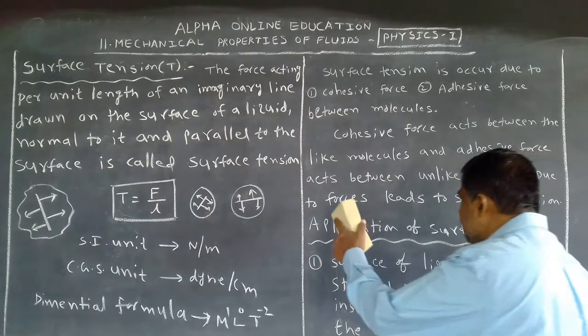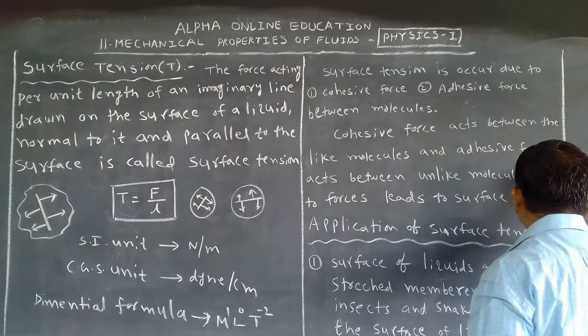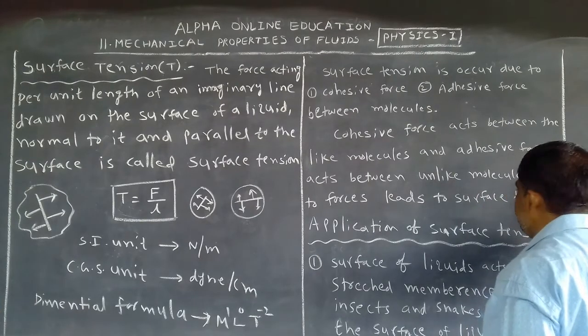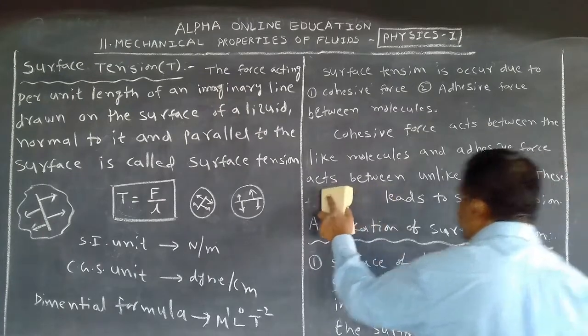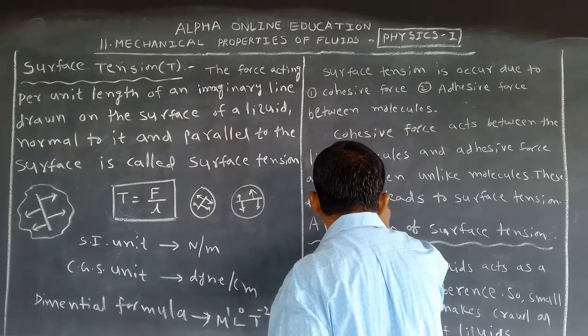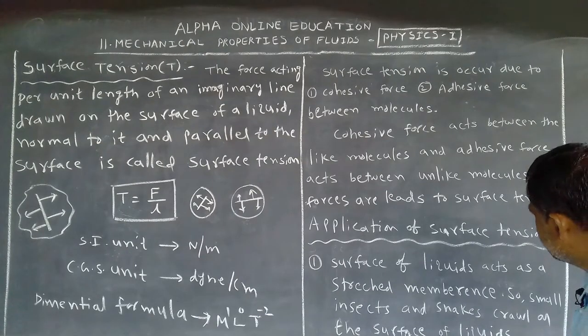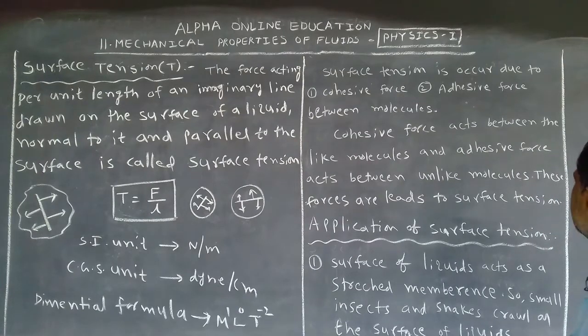Due to these forces, surface tension arises. Cohesive force is an attraction force that acts between like molecules. Adhesive force is also an attraction force between unlike molecules. These forces lead to surface tension.